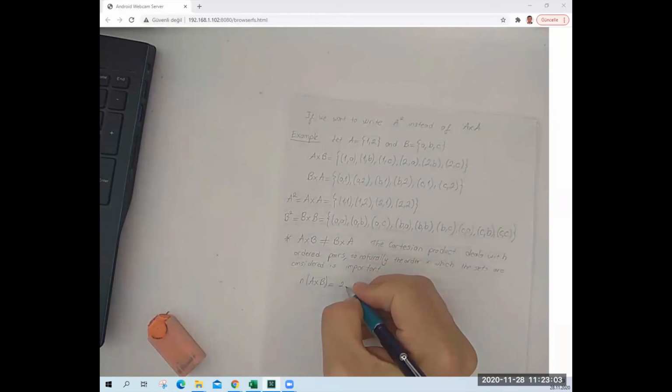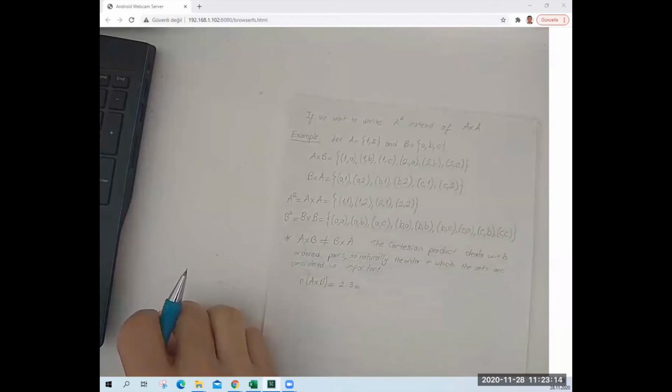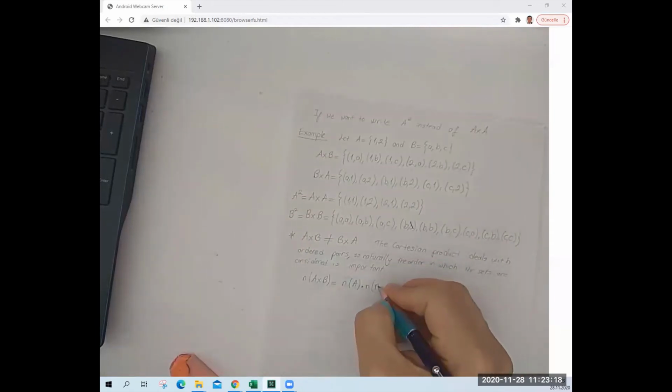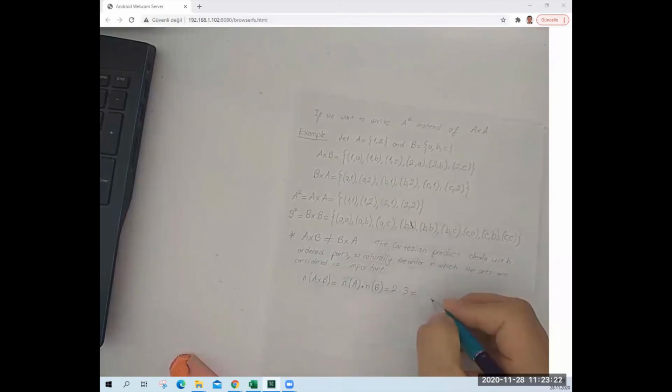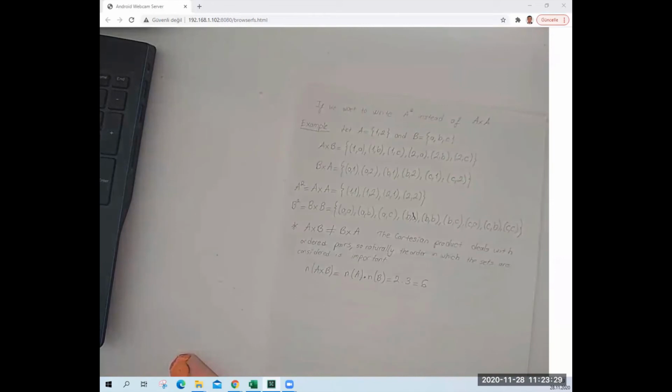This is also equal to, or we can say, the number of elements of A times the number of elements of B. So this is equal to 2 times 3. Totally we will have 6 pairs in that product.